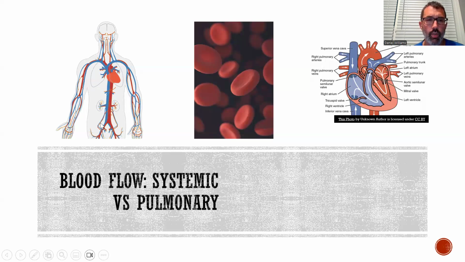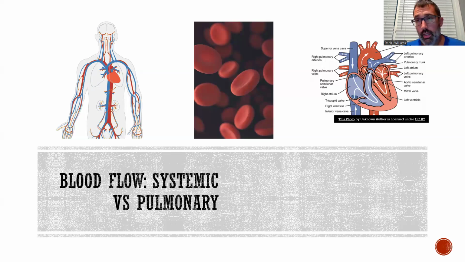So if you can see here, you've got the aortic arch there, and then you have the aorta, where it's going to become your descending aorta, your abdominal aorta, and then split off into your left and right femoral arteries, and then they continue to change names until they go further and further down all the way to your toes.